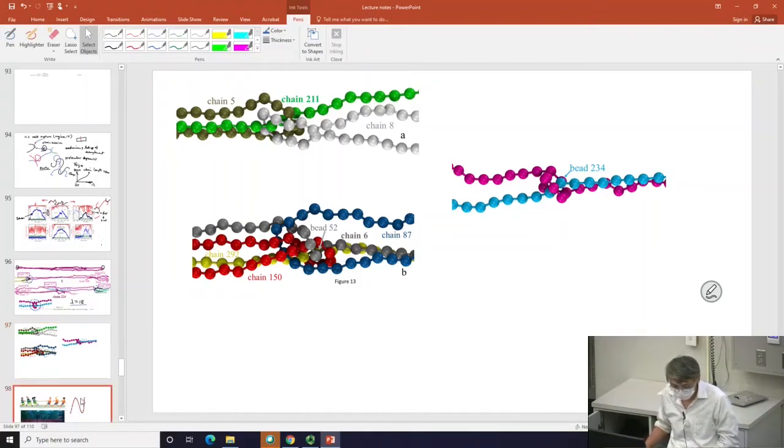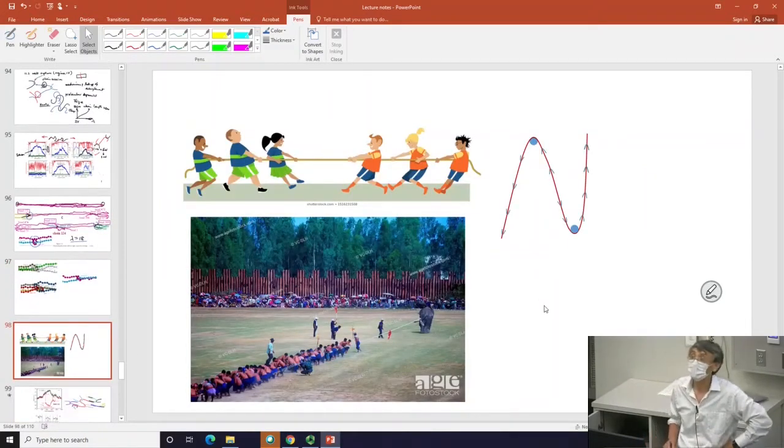So it turns out this simulation reminds us of this game of tug of war. Okay? If you don't like the cartoon, here's a picture from the internet of a real tug of war with elephants. We are very familiar with tug of war, but in this simulation, it shows up in a very, very explicit way. And I invented a new tug of war game called Tug of War with Trees.